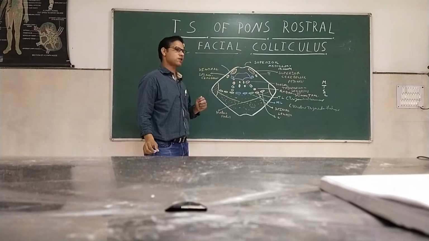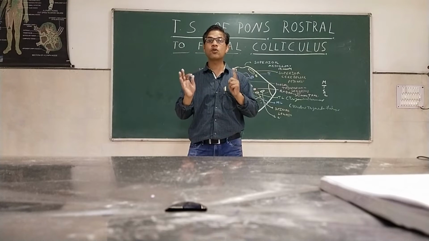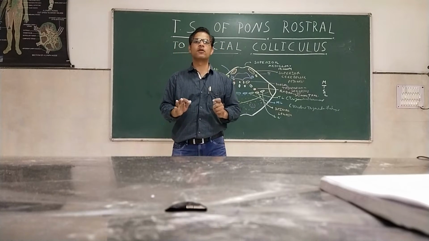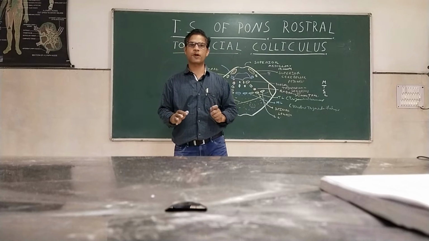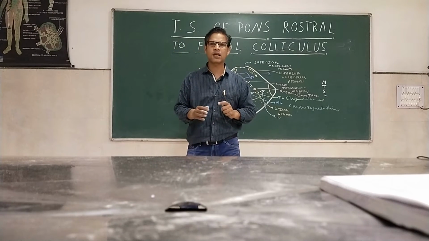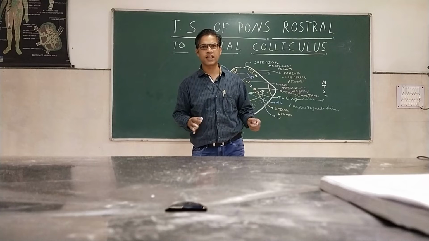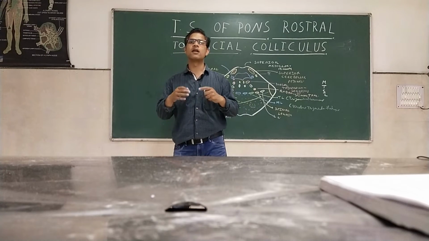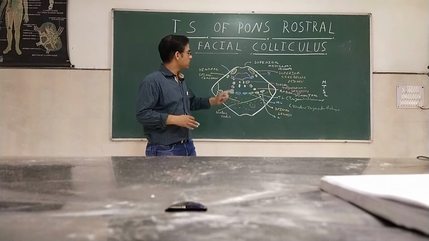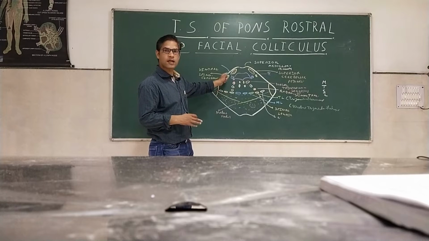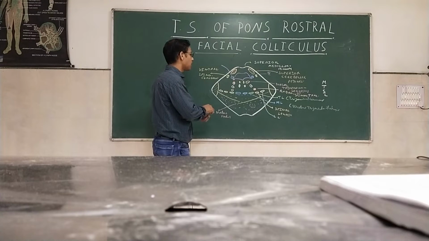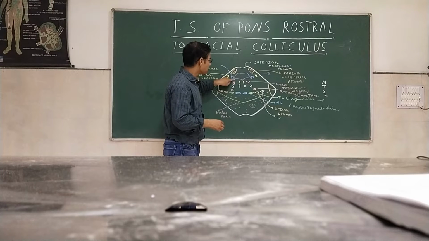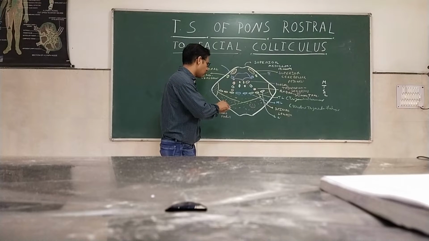Why am I saying this is the special nucleus? It has unipolar neurons. This is an exception in the CNS, that a nucleus has first order neurons, and this is the mesencephalic nucleus of the trigeminal nerve. Just adjacent to this, the locus coeruleus is there.